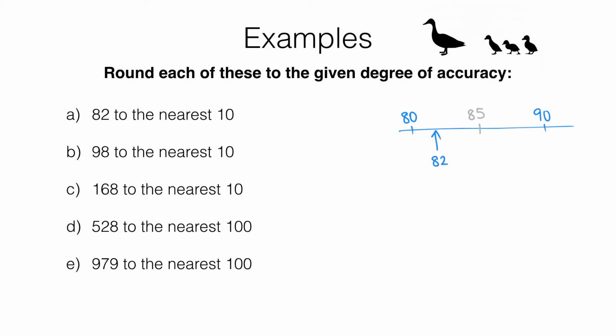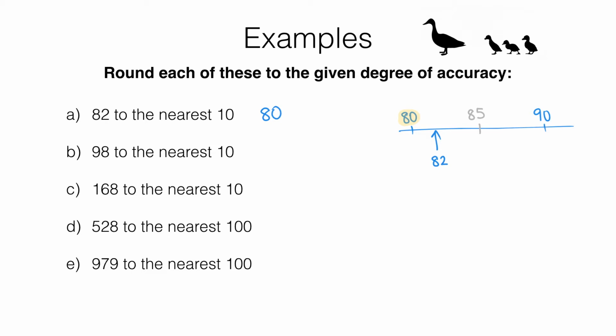And we can see that because 82 is on the left of 85, it is closer to 80 than 90. I'm just going to highlight the 80 because that's the number in the 10 times table that is closest to 82. And that means 82 rounded to the nearest 10 is simply 80.